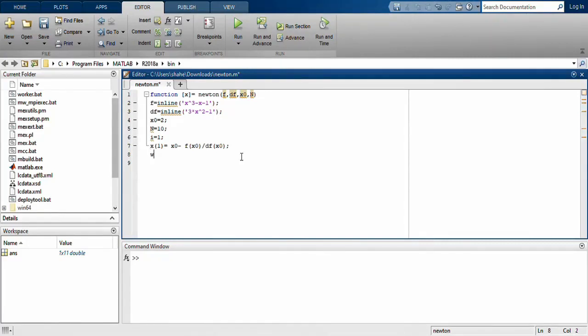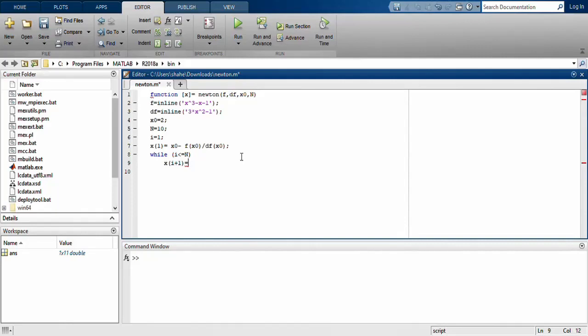I use while I is less than or equal to n. It means while I is less than 10, do the iterative formula, Newton's formula, again and again. Now the iterative formula becomes x of I plus 1 equals x of I minus f of x of I divided by df of x of I, because the values of x are updated now.